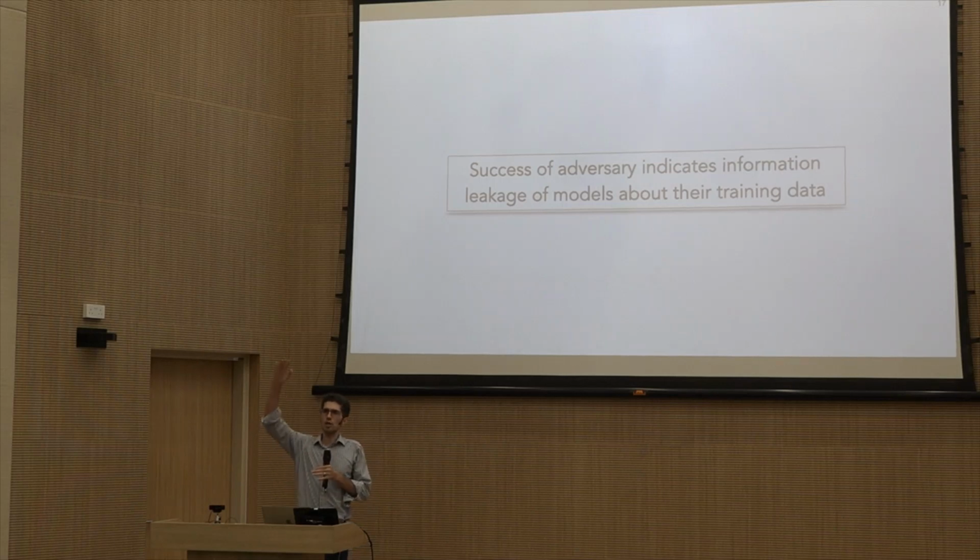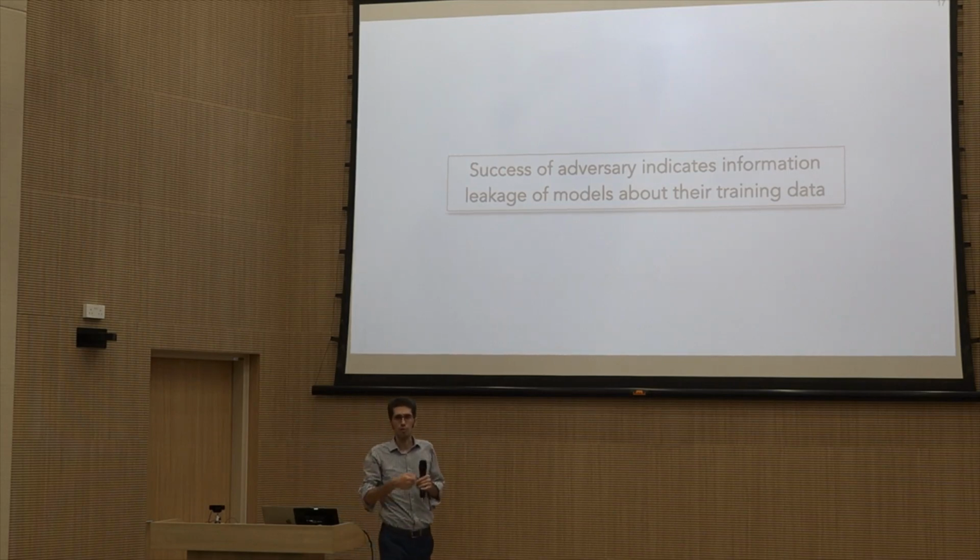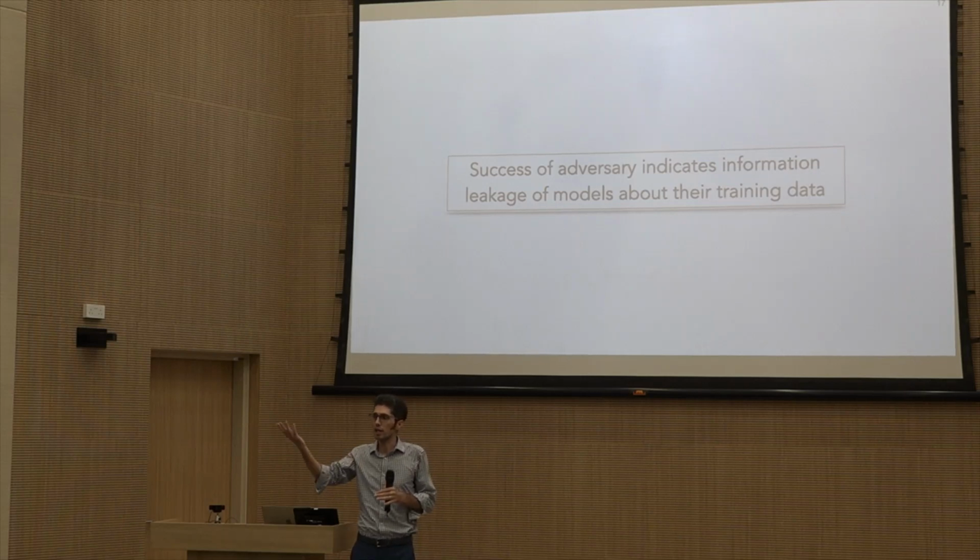Anyway, then you get a number of queries and the predictions from the attack as member or non-member, and the attack can make two types of errors. If you query a member, it might mistakenly say that this is a non-member. Or it can make the other error: you query a non-member and it mistakenly says that this is a member.